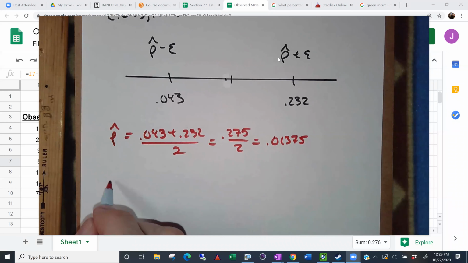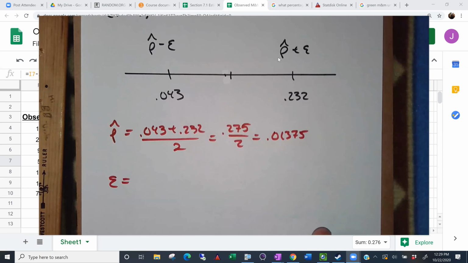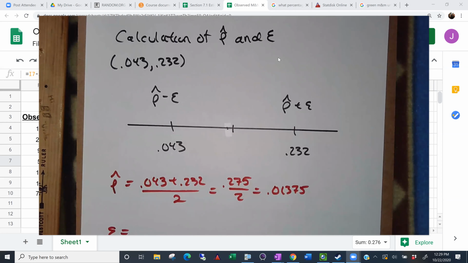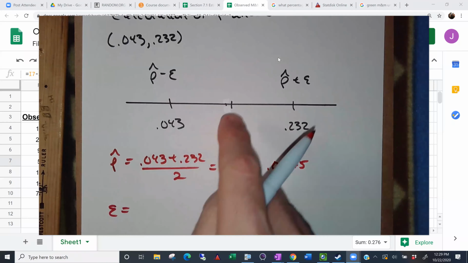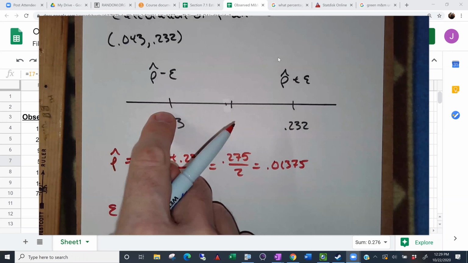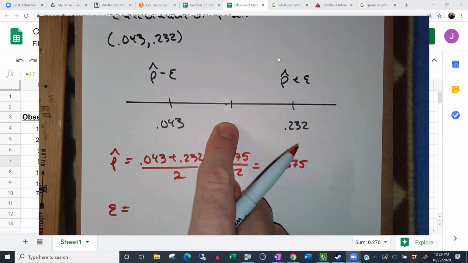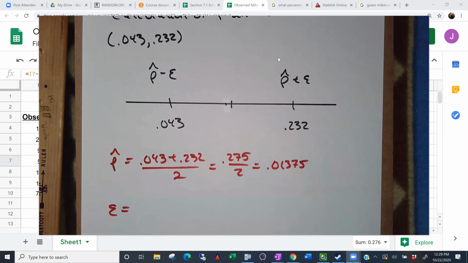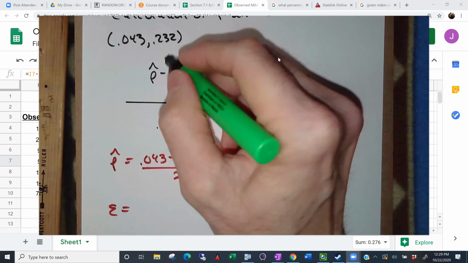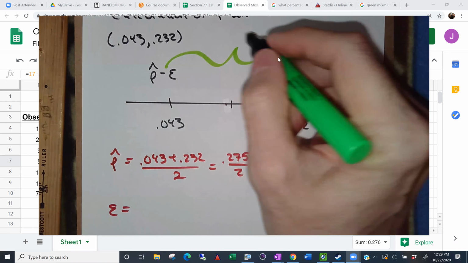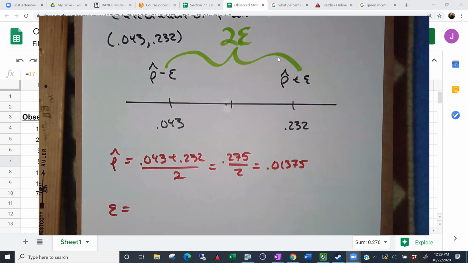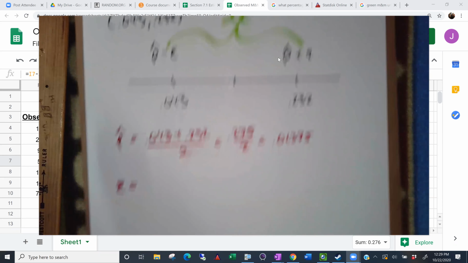But what about E? You could be asked for E. And there's a couple ways you could get E. You could do p hat minus this number here. You could do this minus p hat. Or you could realize that the width of this interval is twice E. So let's do it that way.